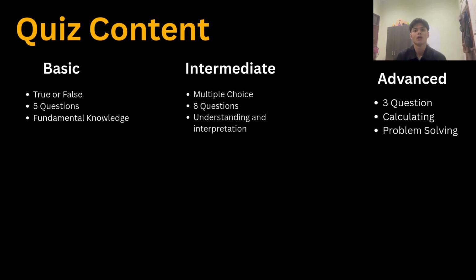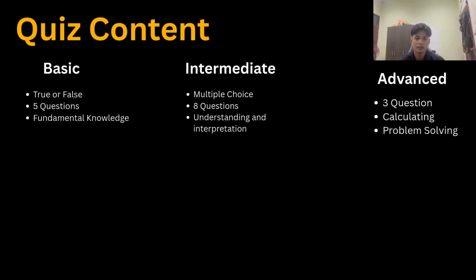Thank you! For our quiz, we prepared a total of 16 questions and divided them into 3 levels. The basic level used true or false questions to check simple knowledge like the definition of consumer credit and safe debt ratio. The intermediate level had multiple choice questions to test understanding, for example about credit loss, opportunity cost, and risk of co-signing a loan.